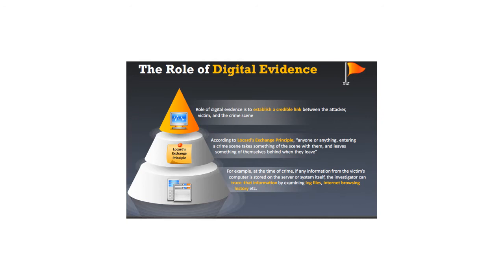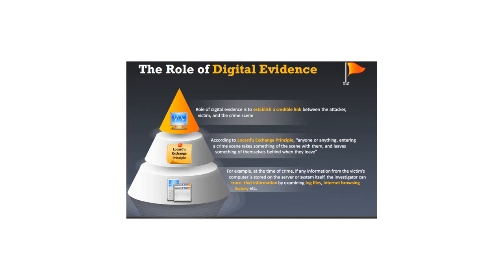The roles of digital evidence. Some of the roles of digital evidence is that digital evidence is supposed to establish a credible link between the attacker, the victim, and the crime scene.